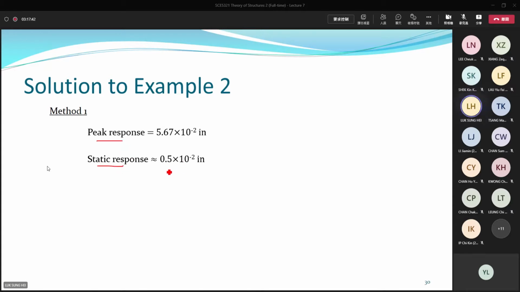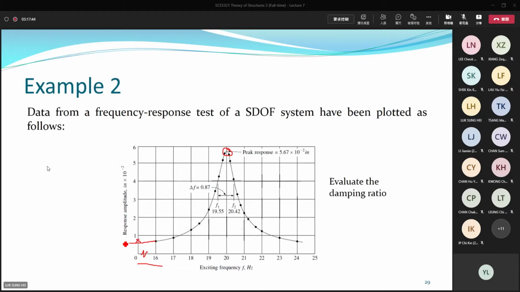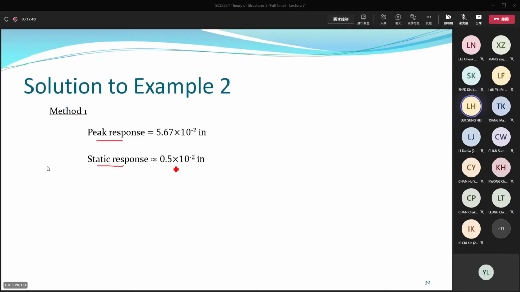Here I assume that after extrapolation, I will get a number 0.5, just guessing, not very exact. So according to the resonance amplification method, U over UST equals 1 over 2 damping ratio. You know the maximum response, you know UST.